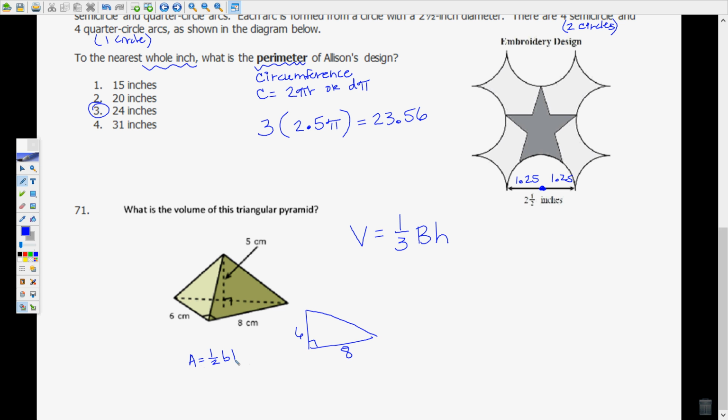And that little b means the area of the base of the triangle. Since it's a right triangle, you can do 6 and 8 or 8 and 6. It doesn't matter because multiplication is commutative. And I meant to put 6 and 8, not 6 and H. I was thinking that was a B. Let's fix that.